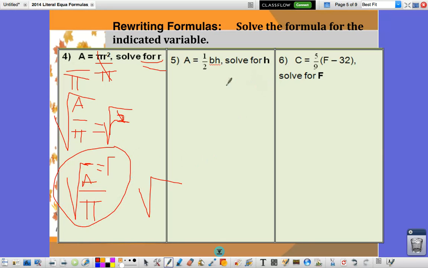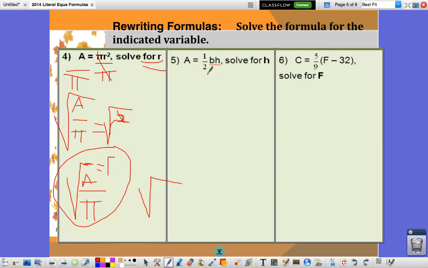Now, for number 5, we have to solve for H. If we're going to solve for H, what does that mean? Well, we want to get H by itself. So we need to probably divide by something, like dividing by b, but this 1/2 thing, we want to get rid of that 1/2 first.